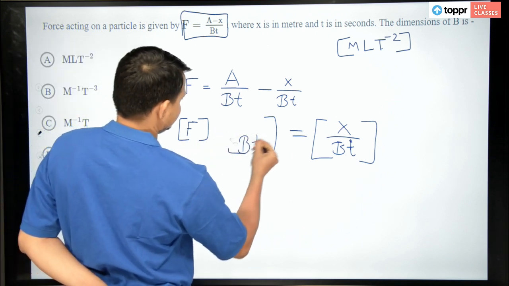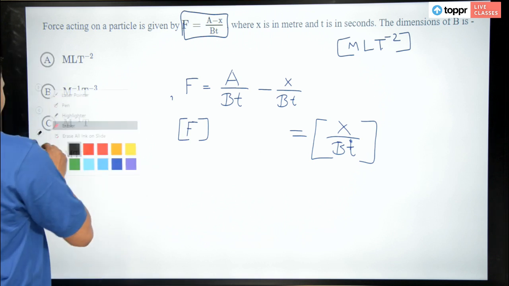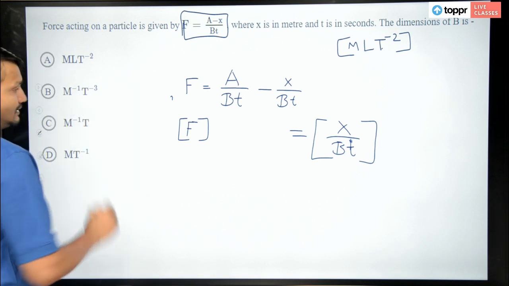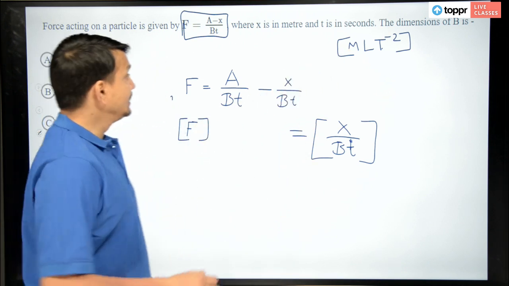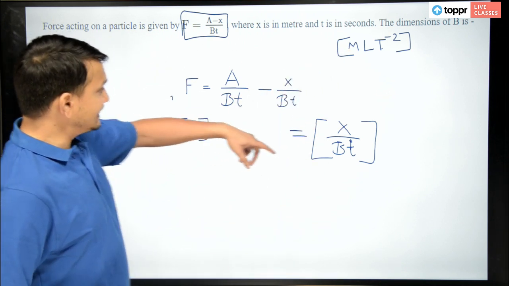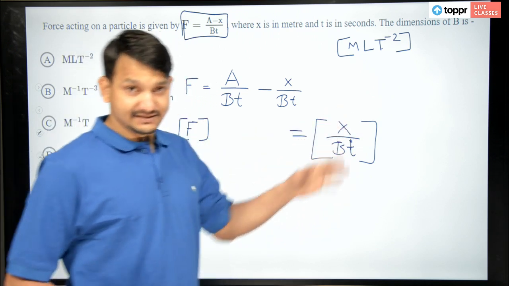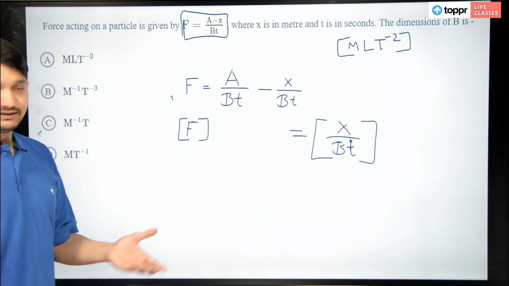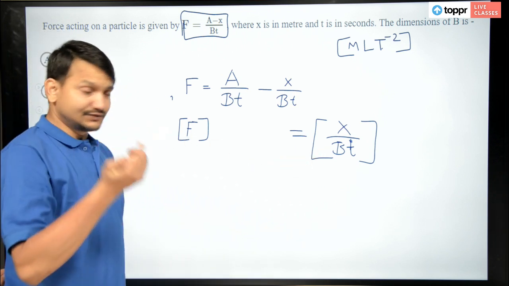So let's say this thing. Now we have the dimension of force, we have the dimension of time involved, we have the dimension of X, it's in meters, so it's a length. So what is missing? That's B, right? That's what we have to find out.